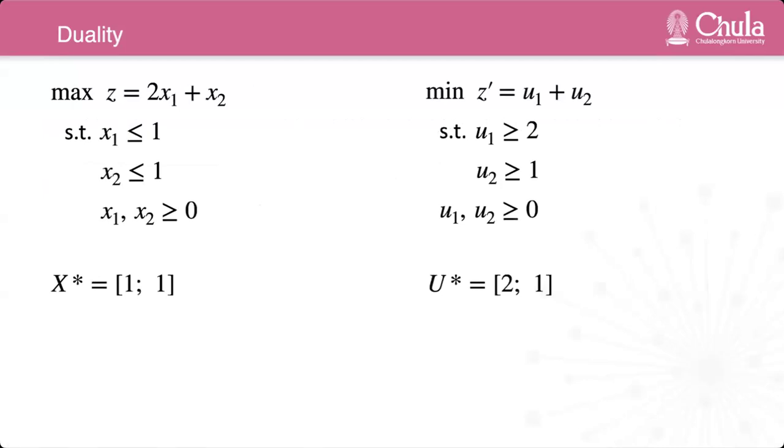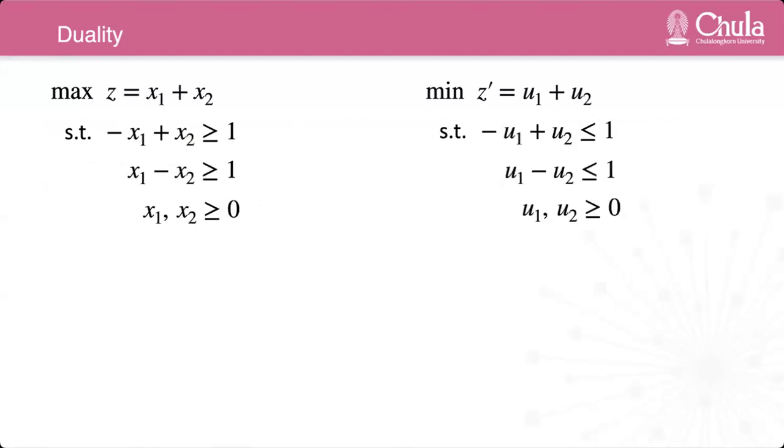We have more examples. Okay, this is the dual of primal and dual. This is also, you see, 1, 1, right?